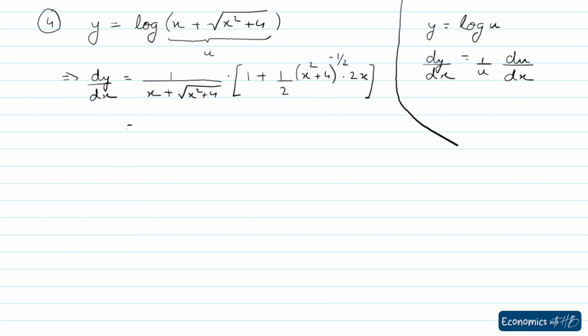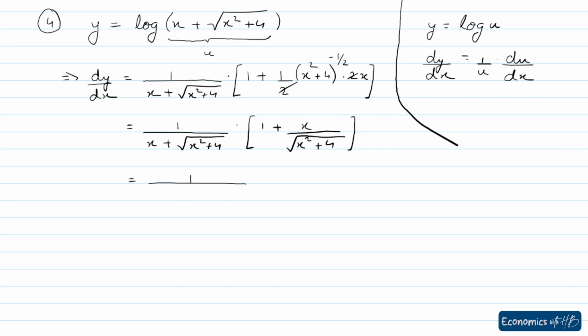Alright. So the next step, 1 by x plus under root of x square plus 4 into 1 plus x by under root of x square plus 4. This minus 1 by 2 comes in the denominator, becomes positive. Let's open the bracket. 1 by x plus under root of x square plus 4 plus x by x plus under root of x square plus 4 into under root of x square plus 4.